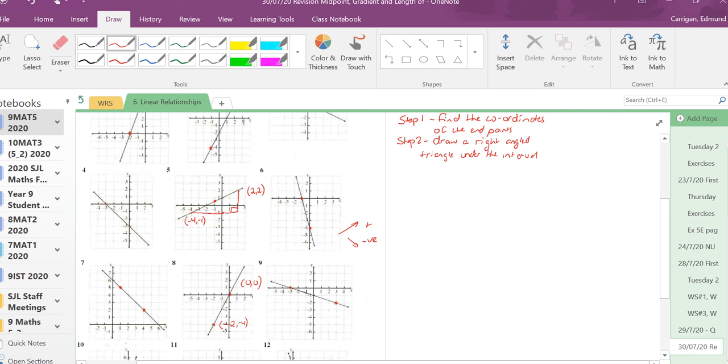Now this one is going to be a bit easier for us to do. So again, let's do our triangle across there. What we have is our run, our change in x value, is 2. Our rise is 1, 2, 3, 4. Our rise is 4.